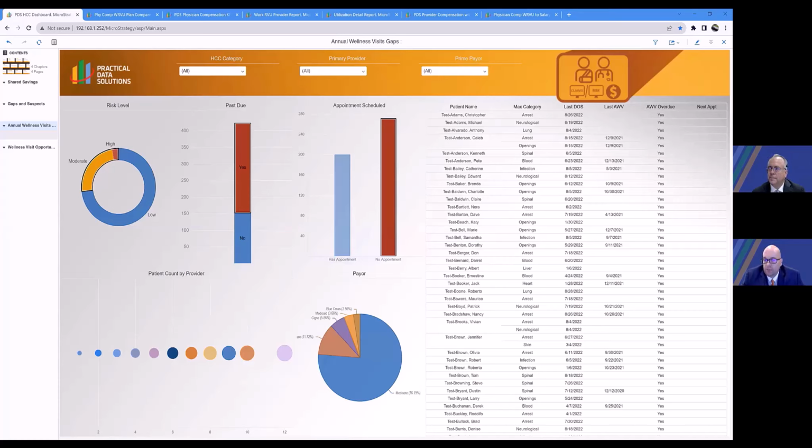All of this can come into play to help the providers find outreach, which again can help to increase their volumes as well as increase quality and patient satisfaction.